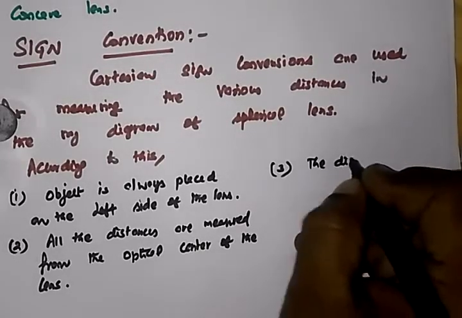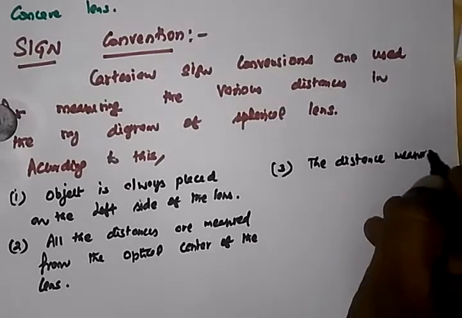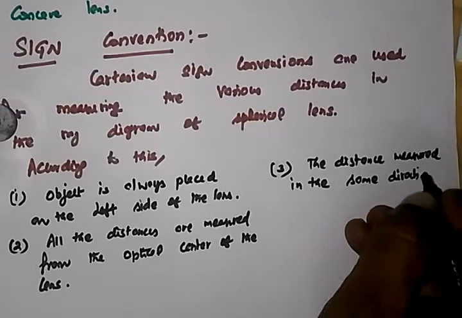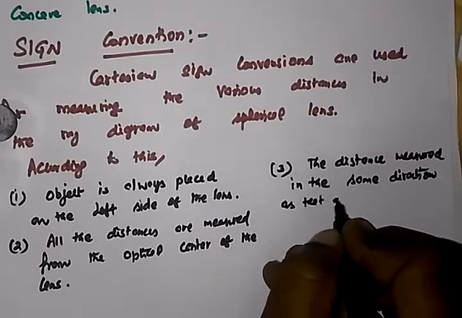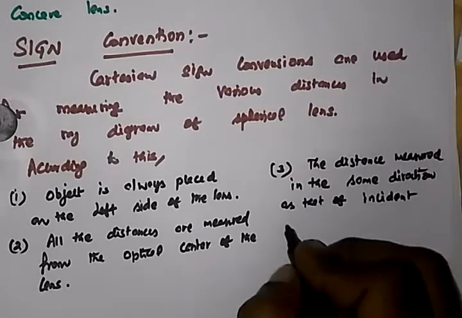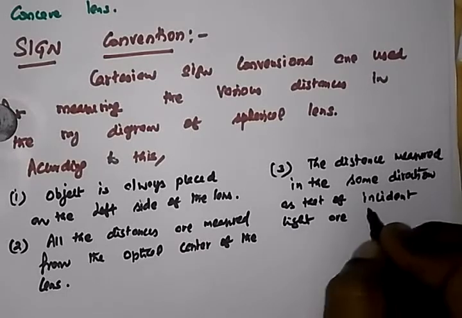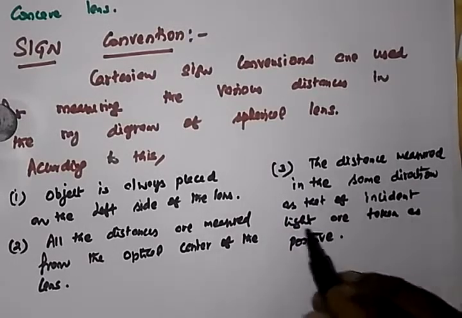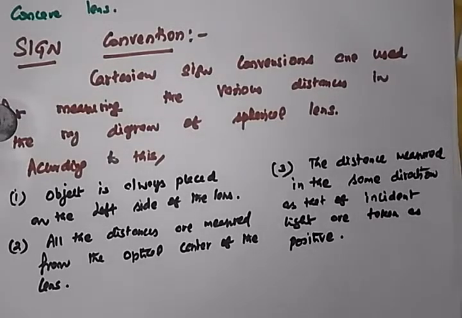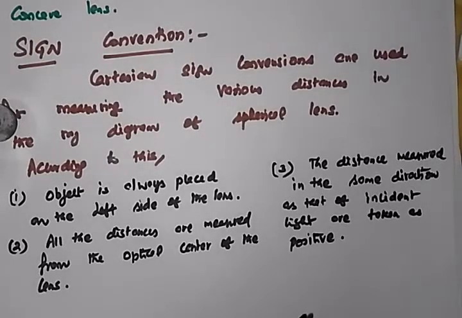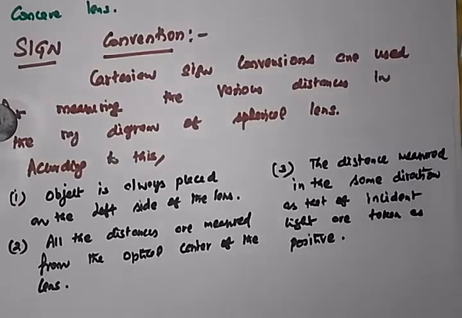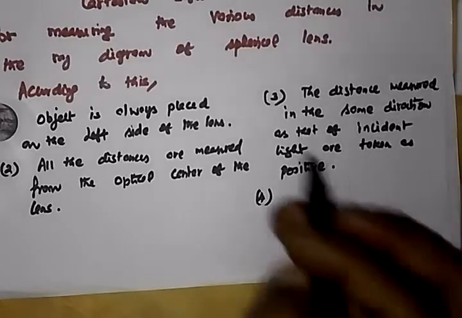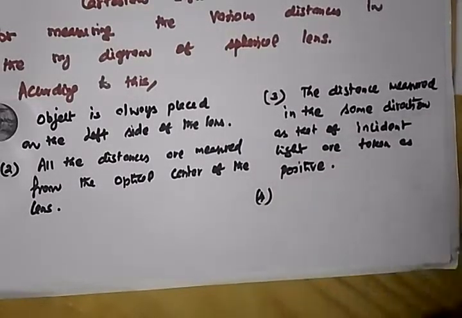Whichever direction the incident light travels, we measure the distance in that direction, and it is taken as positive. If it is in the same direction as the incident light, we take it as positive.